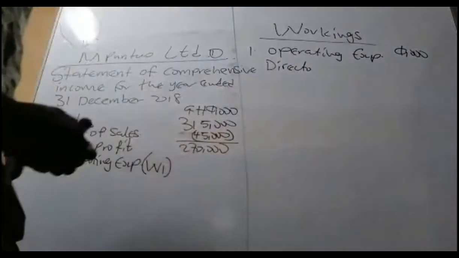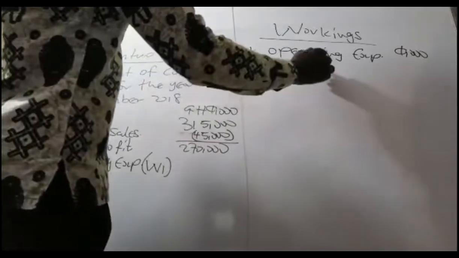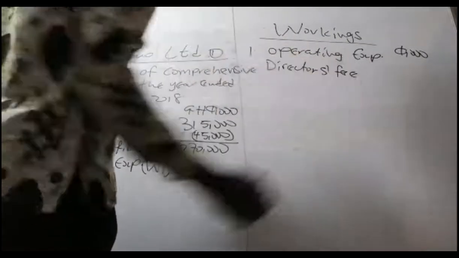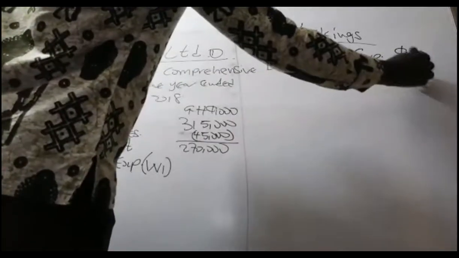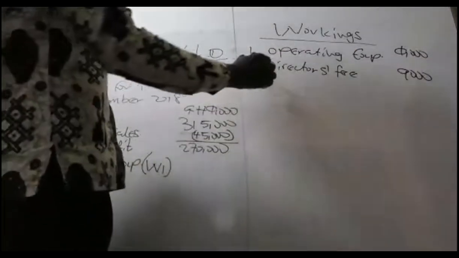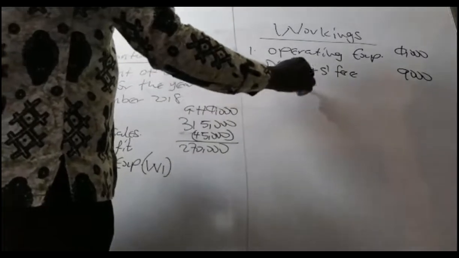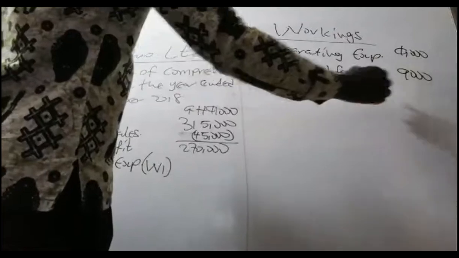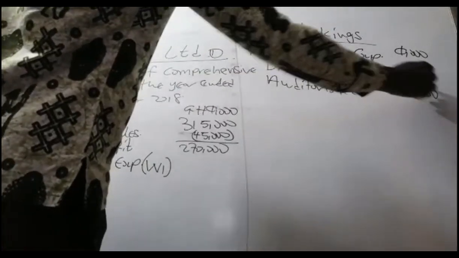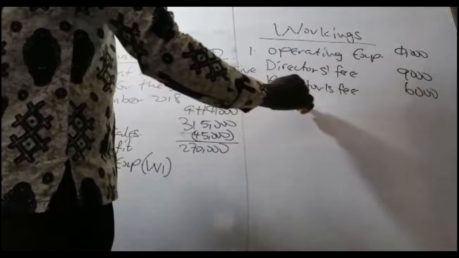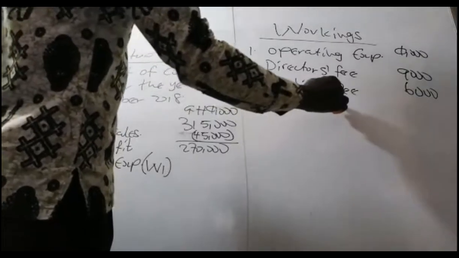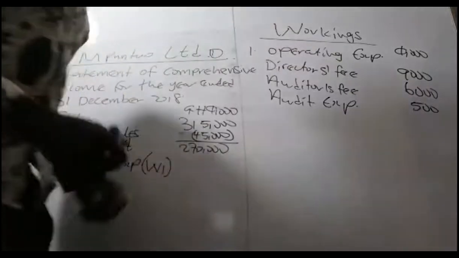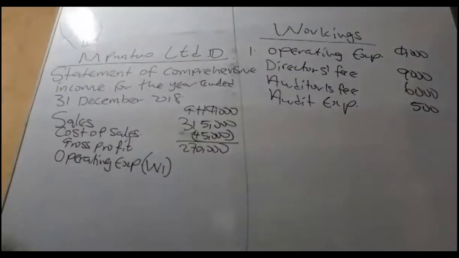Director's fee was 9,000. Auditor's fee was 6,000. Audit expenses was 500. So that's for now. Put them down.